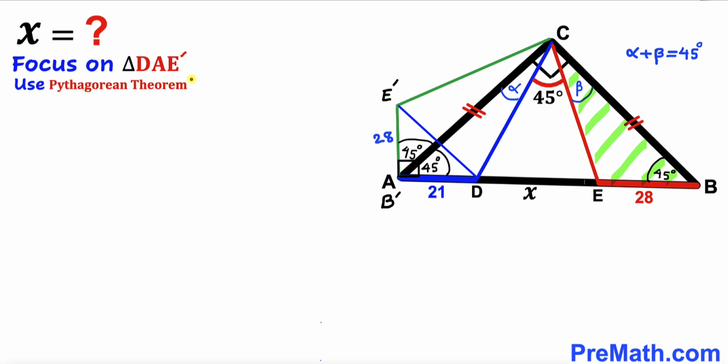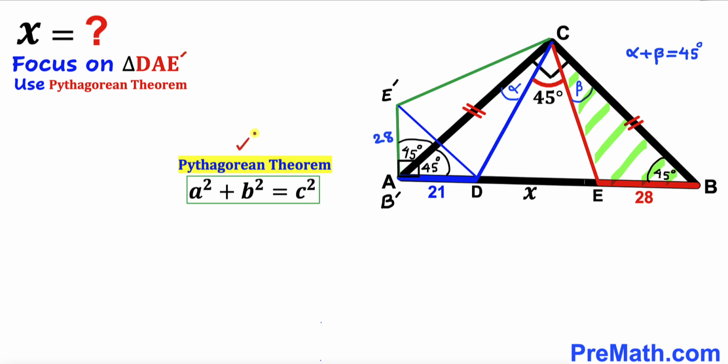Now we are going to focus on this right triangle DAE prime and apply the Pythagorean theorem. Here's our Pythagorean theorem: a square plus b square equals c square. In our case, this DE prime is our hypotenuse. I'm going to label this one as our side c, and our other two legs are 21 and 28.